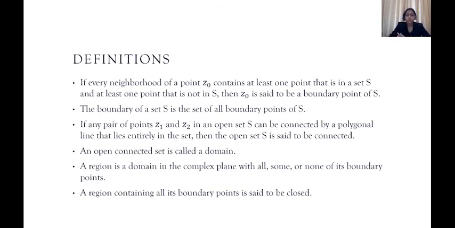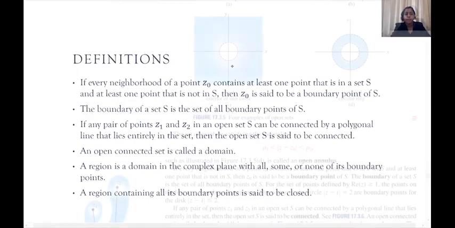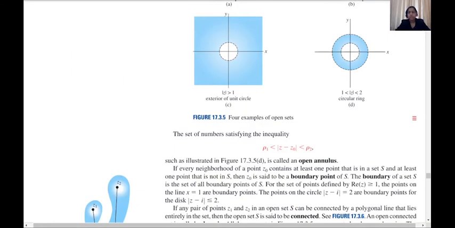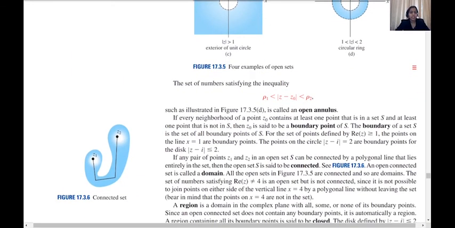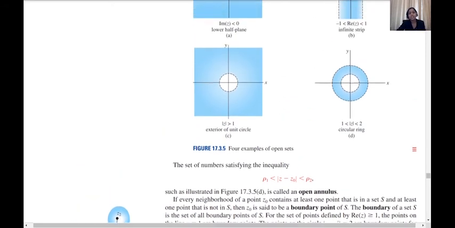So if you see the figure which is given, figure 17.3.6, it is a connected set. Because if you choose any points, say z1 and z2, then we can easily connect them by polygonal lines.